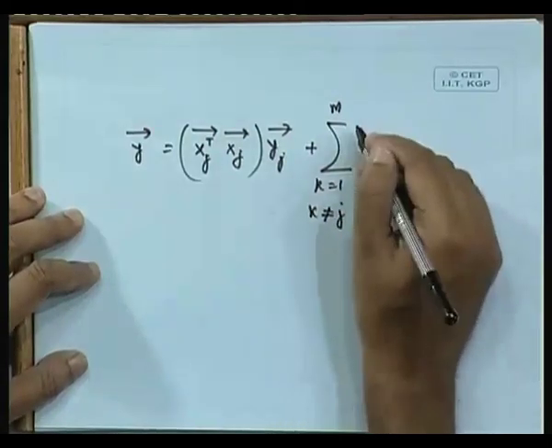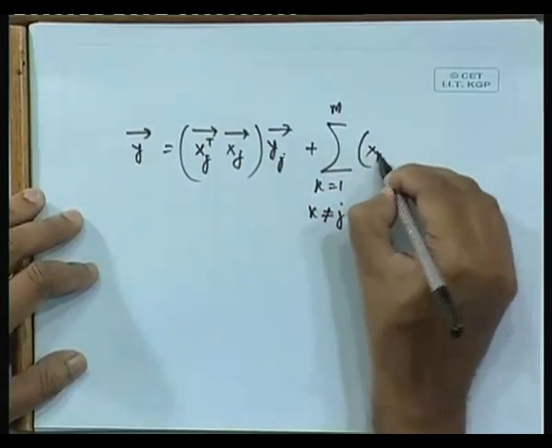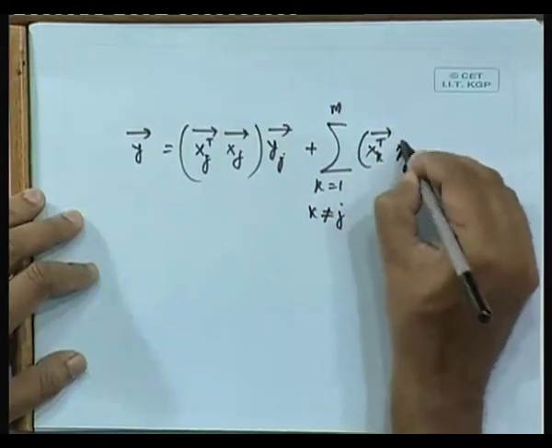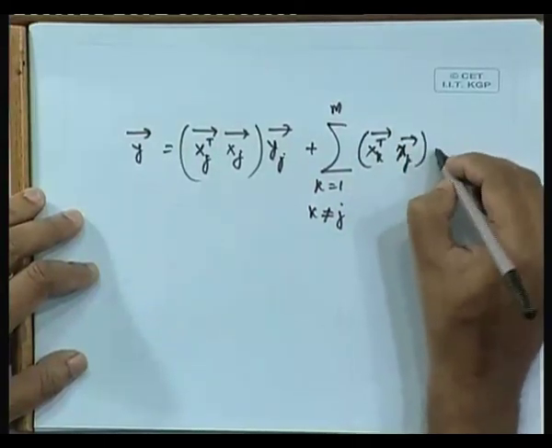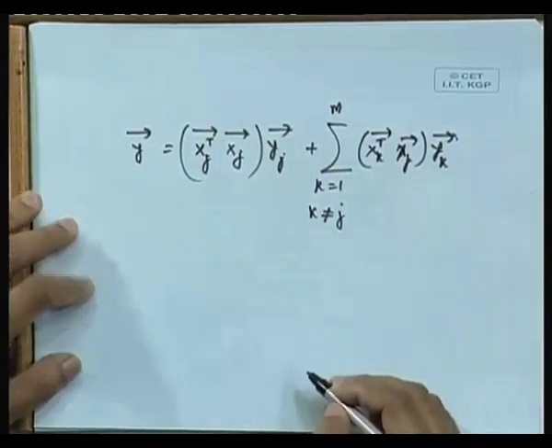So it is for k not equal to j that we sum up. The rest of the terms keeping as it is, xk transpose xj, yk, these terms remain as it is.